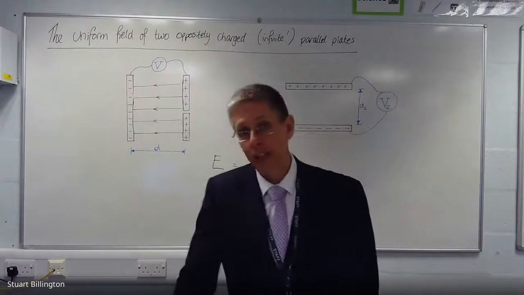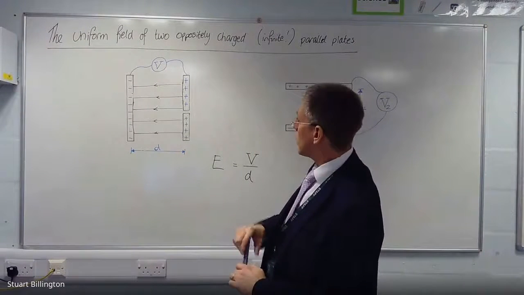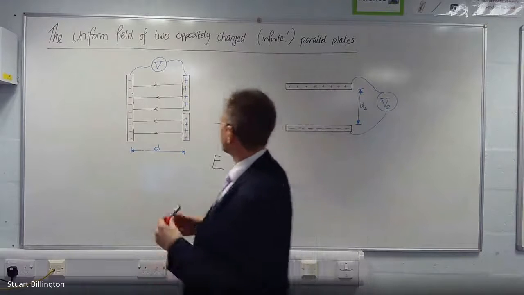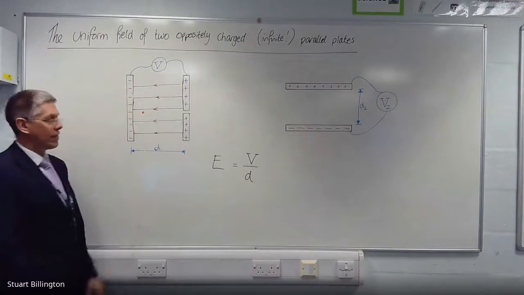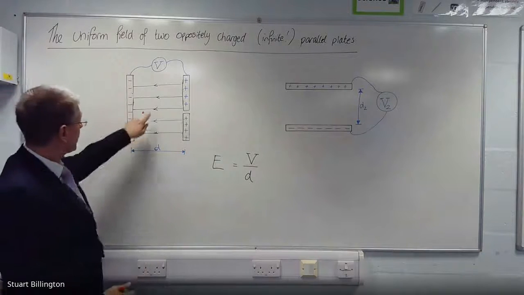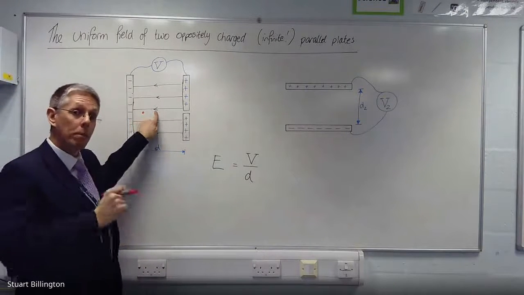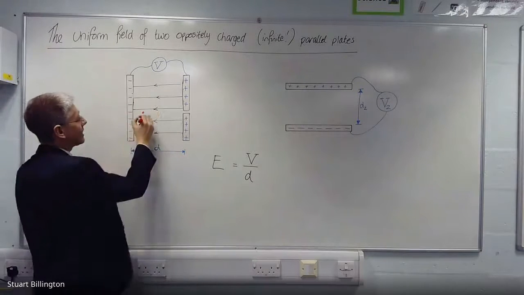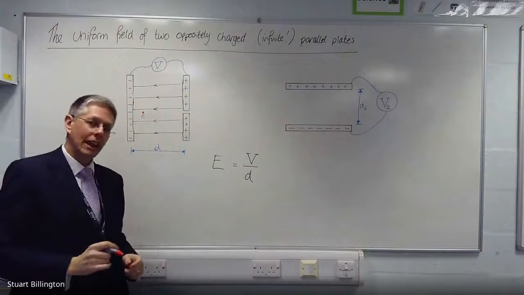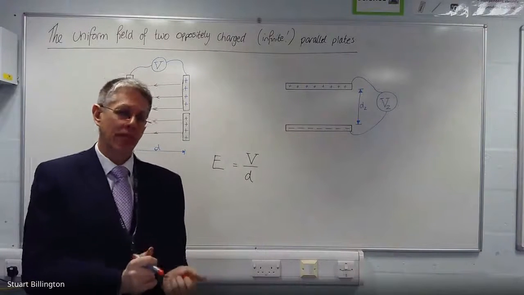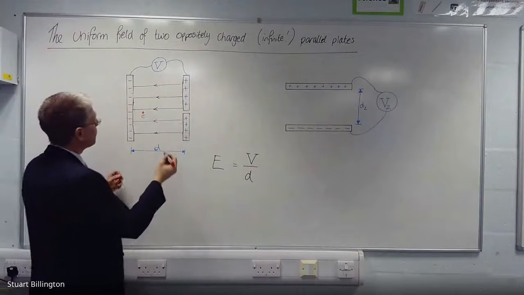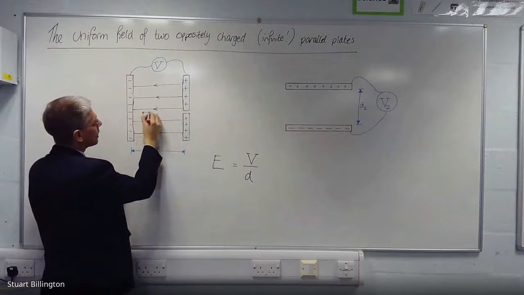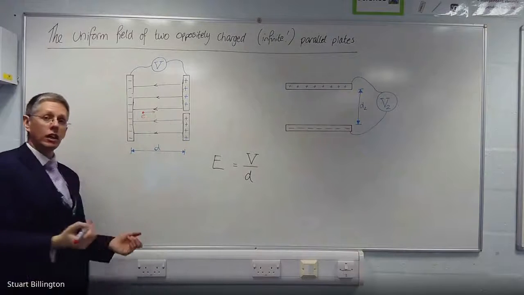And what this means is now that when an electron finds itself in this gap, remember, these arrows show the direction of a force on a positive charge, and electrons are a negative charge. So if an electron were to find itself in the gap, and we'll talk about how that might happen in a minute, it will experience a force that pulls it across the gap.